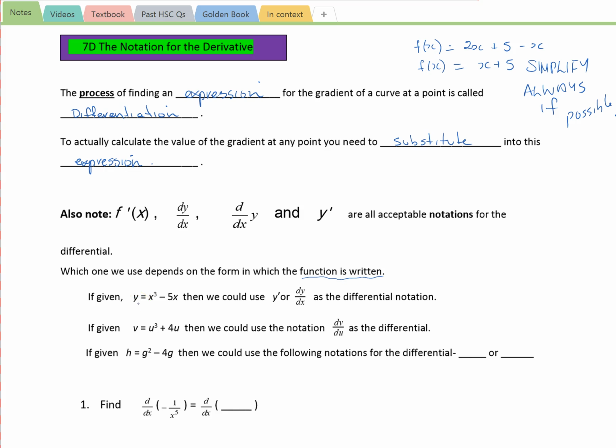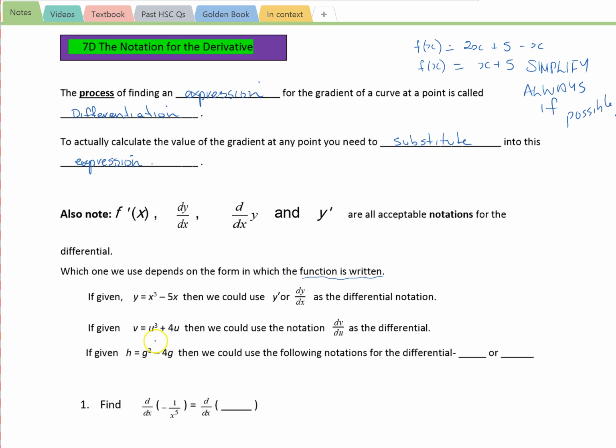Now, that takes me on to something else. There's nothing special about y and x. It doesn't mean that you can only differentiate if you've got y and if your variable is x. No, that's not the case. You can see here, you've got an expression, v is equal to u cubed plus 4u. There's no reason why we can't differentiate that function.